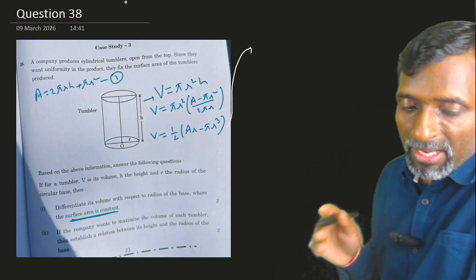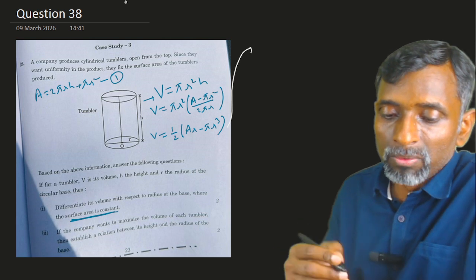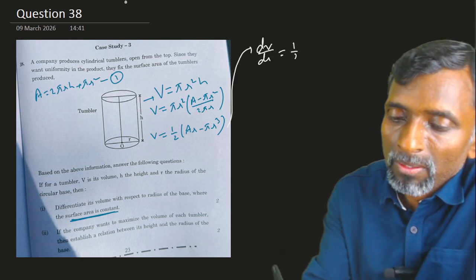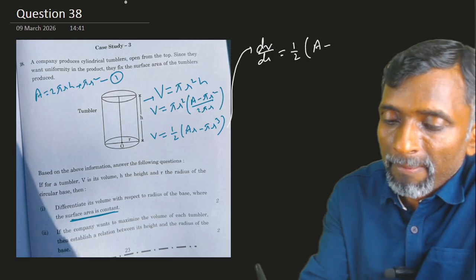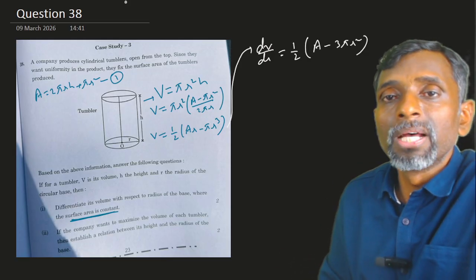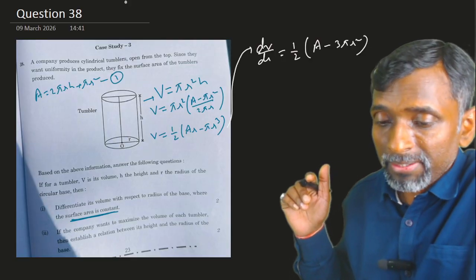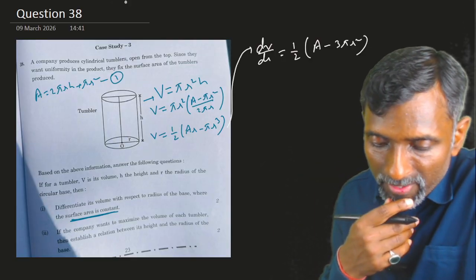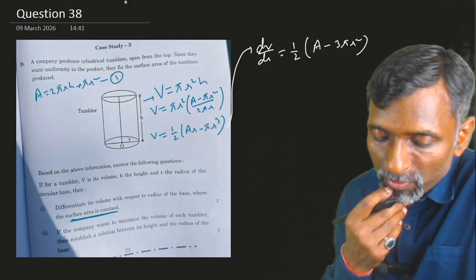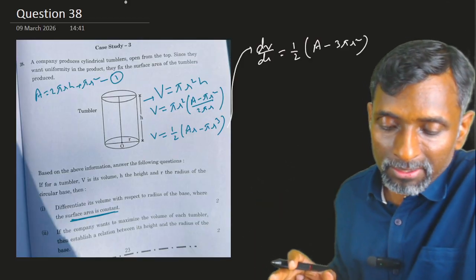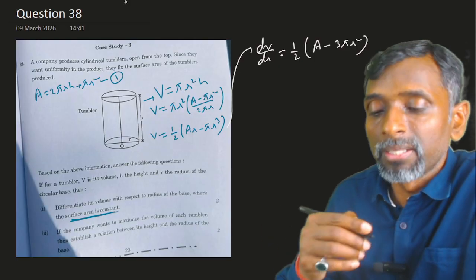Now first part, we have to differentiate the volume with respect to the radius. So we should find dV by dr. It is 1 by 2 multiply A minus 3 pi r square. So we got the answer. This is called dV by dr. We did the first part. The second part, if the company wants to maximize the volume, so we have to use the maximum in mind to find the relation between h and r.